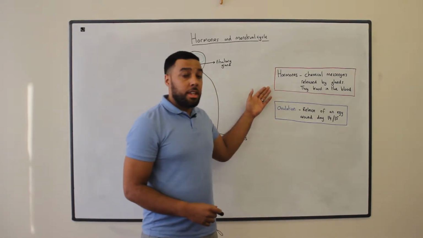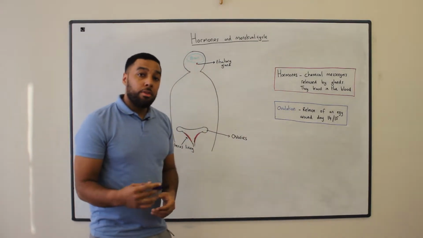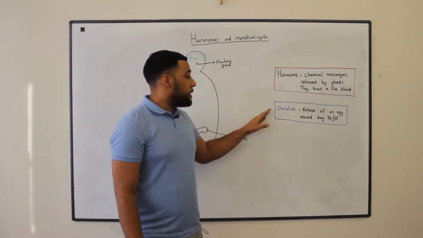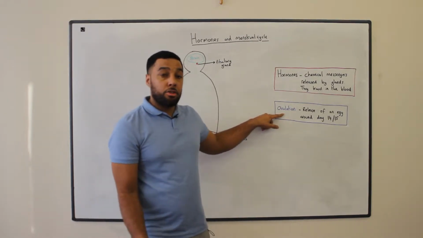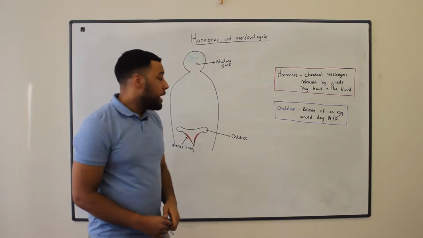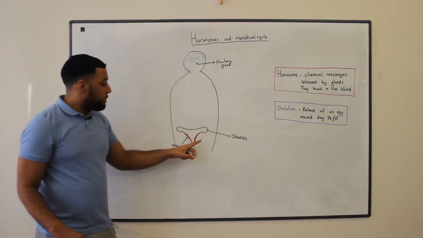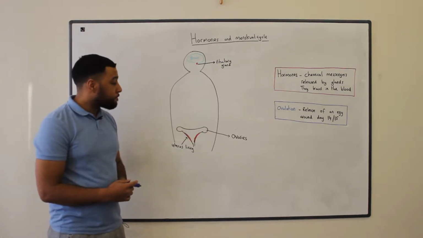What happens is that during the menstrual cycle, around day 14 or 15, there's a process called ovulation. And this just means that an egg is released from the ovaries. You can see here, the ovaries are on the left and the right hand side.